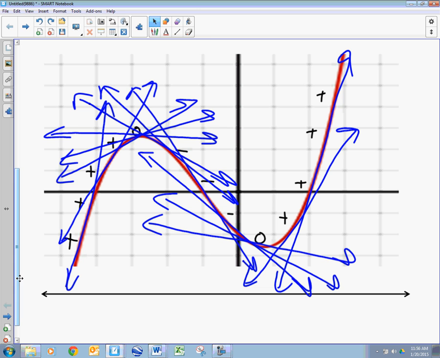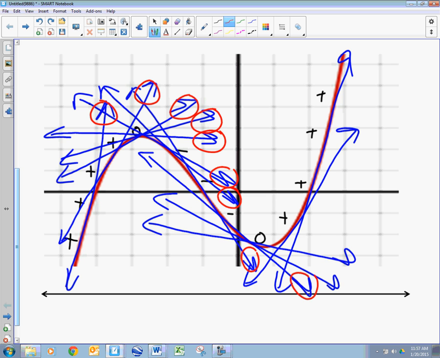I'll circle them. See how they're dropping? And then once it gets to here, it starts to tilt back up, right? This is the most negative that the derivative ever gets. Would you agree? At this spot right here, this is the most negative that the derivative ever becomes.